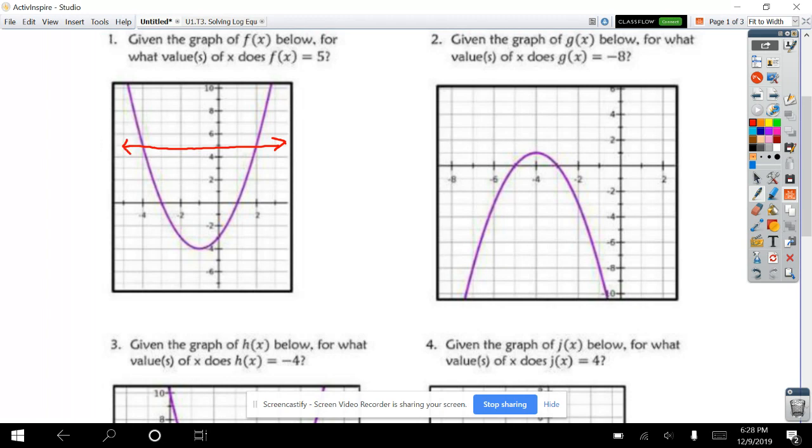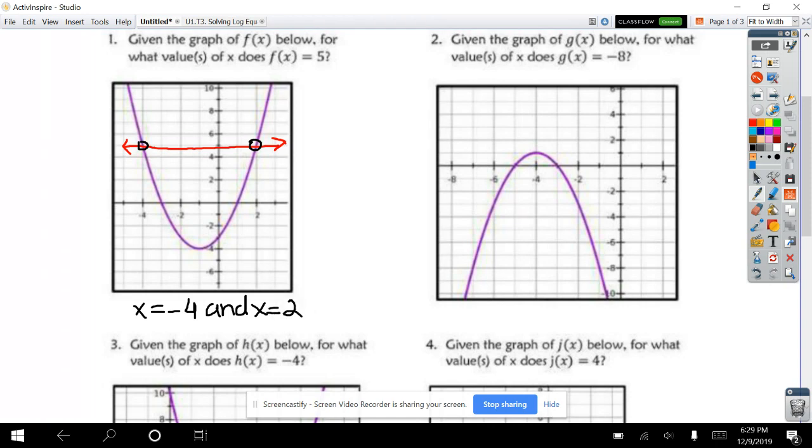I can see that the x values where my graph touches at y equals 5 are at x equals -4 and x equals 2. So the x values where my graph has a y value of 5 is at x equals -4 and at x equals 2.